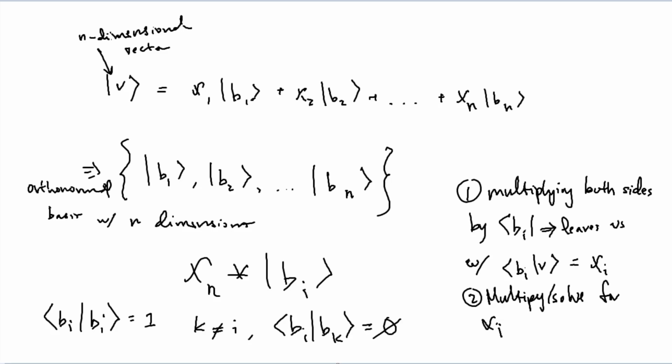And so when you take a given value and you attempt to solve for xi, what it gives us is what is known as a probability amplitude, right?